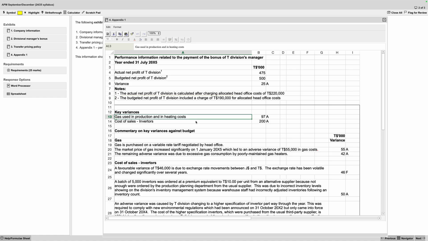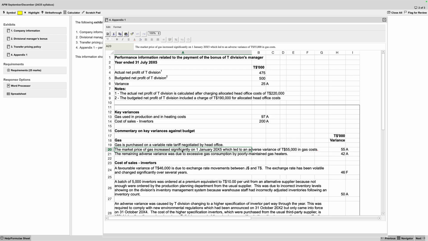Gas used in production and cost of sales, we don't know whether that's controllable or not. That's one thing you'd say. We need to know how controllable the key variances are. And then it breaks it down a little bit. It says it's negotiated by head office, the variable rate tariff. Well, again, not controllable. There's the market price increased significantly.